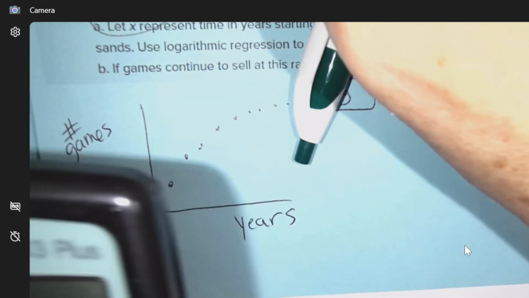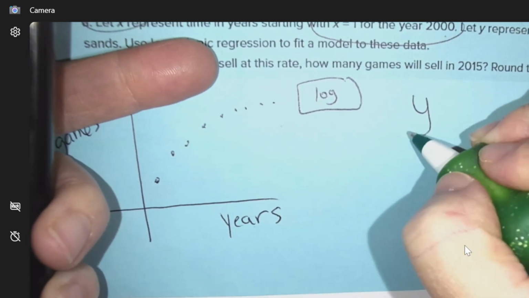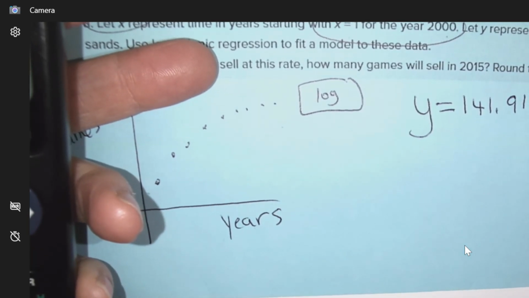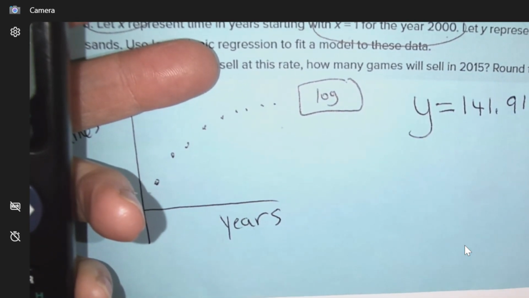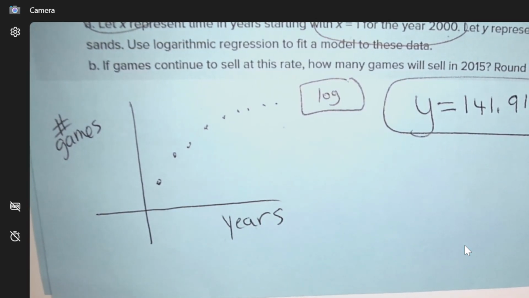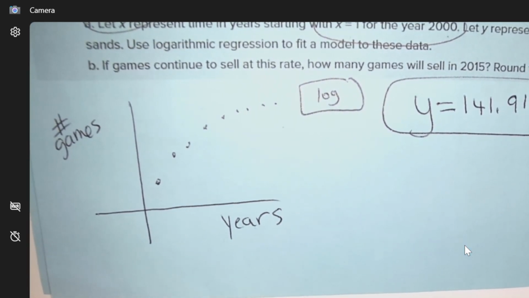You always need to write your equation down. That is part of show your work. That's me showing my work. There's my equation.